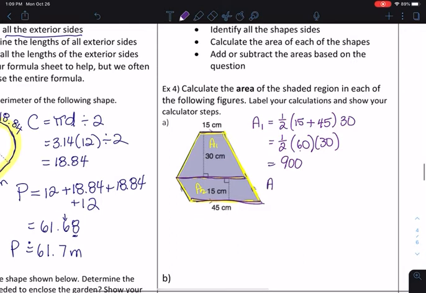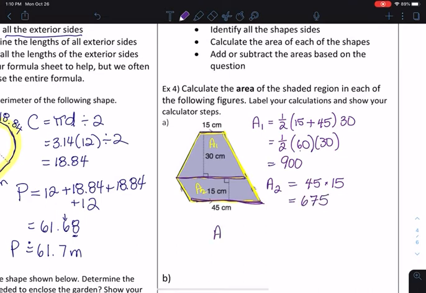For area 2, the area of a parallelogram is just the base times the height. So the base is 45, and the height is 15. So I'm just doing 45 times 15, nothing special there, 675.